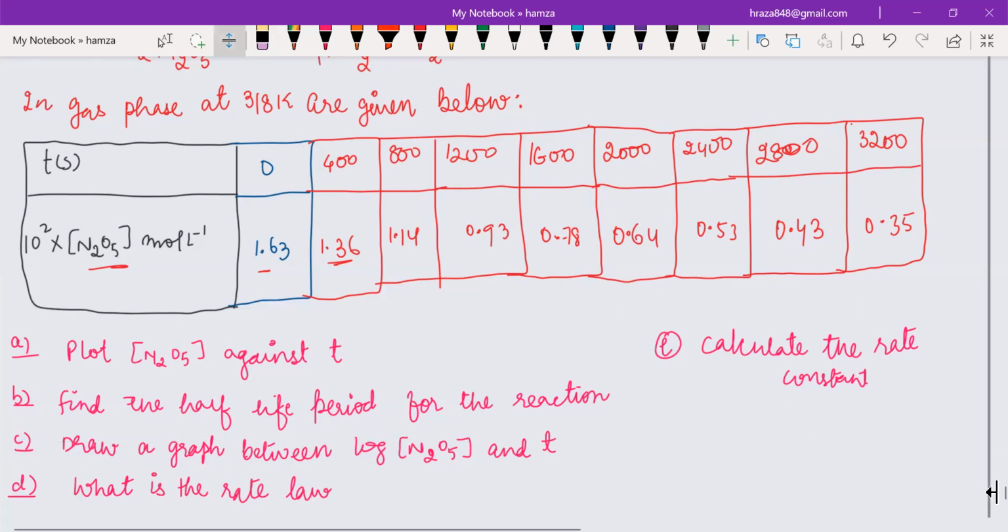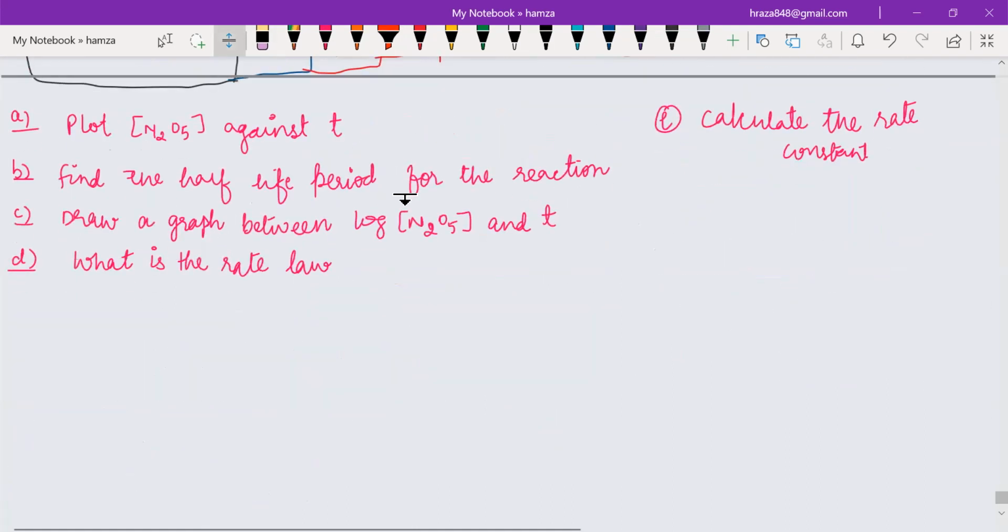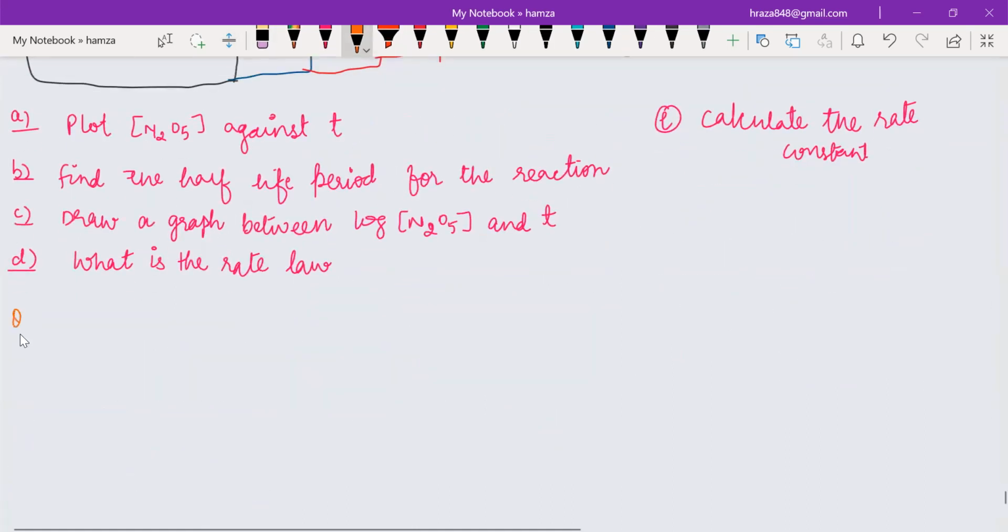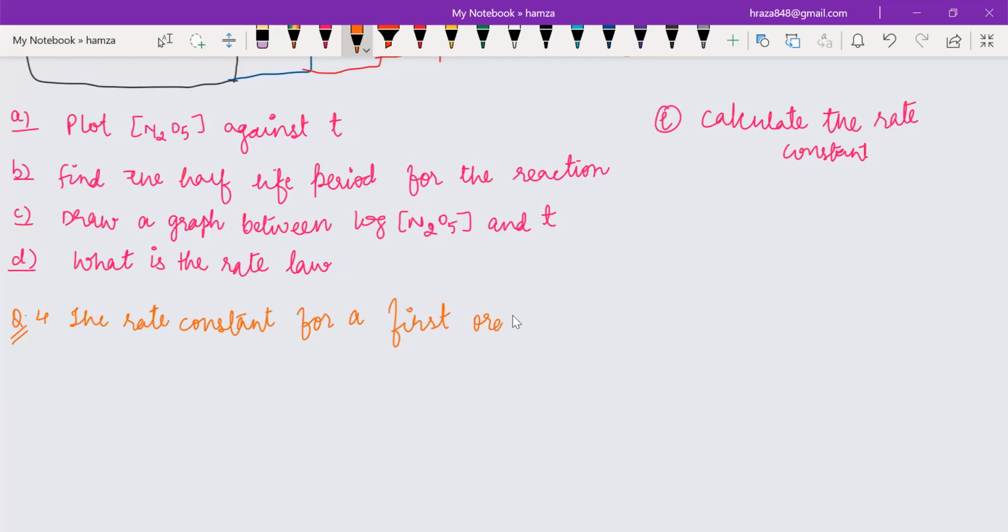The last question, I'm not going to give the fifth question because it's already lengthy. Fourth question is the rate constant for a first order reaction is 60 per second.